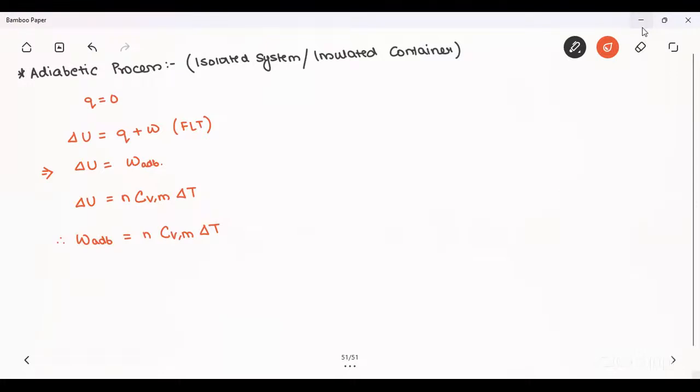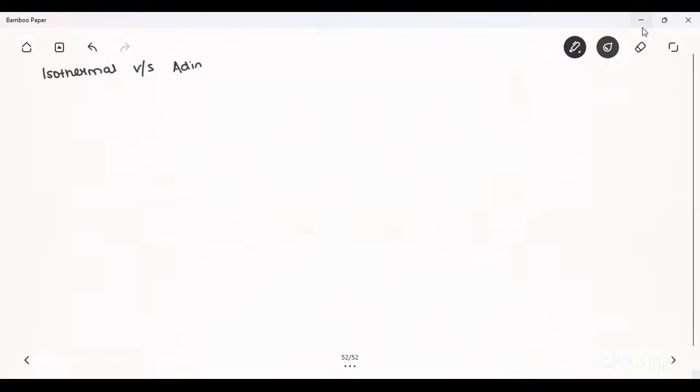Yes, ma'am. Okay, so just write it as star mark. Isothermal versus adiabatic process. I will not be explaining this part also. Just trust me today.